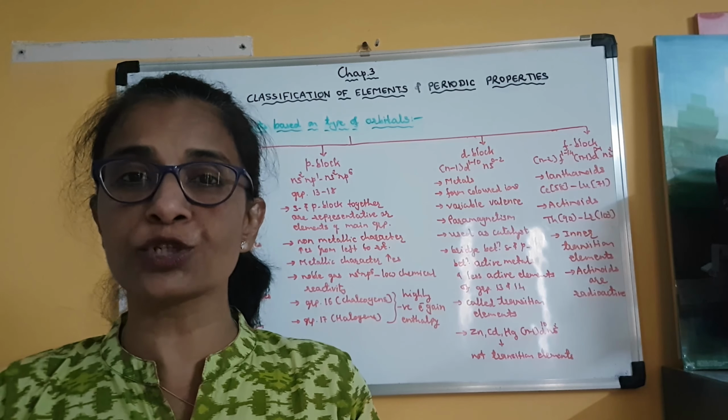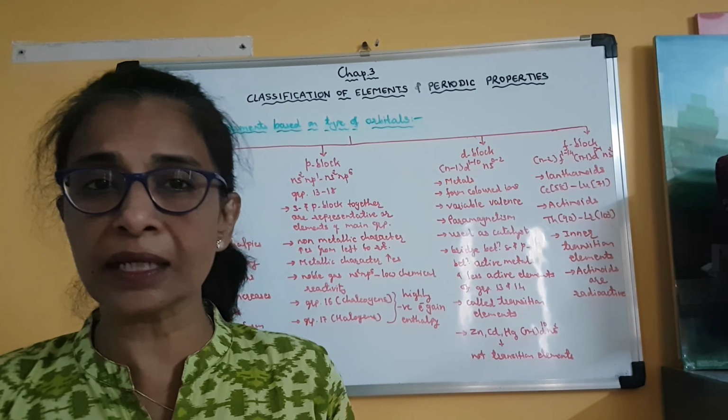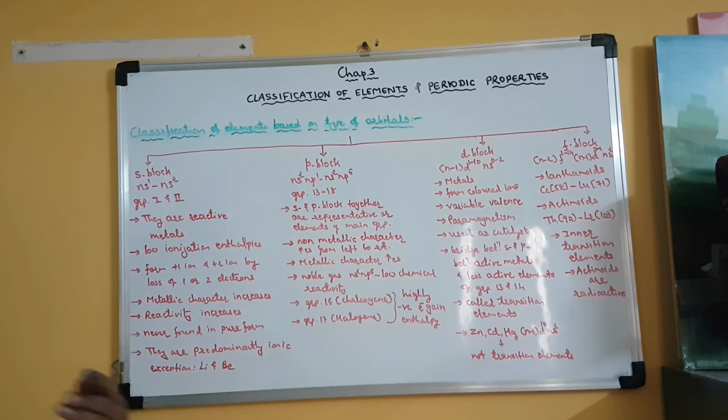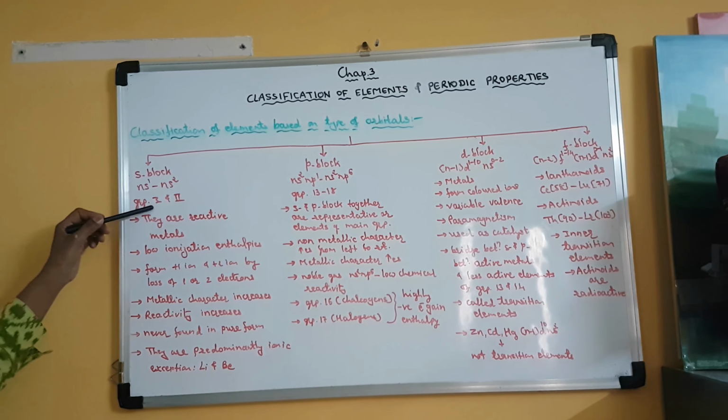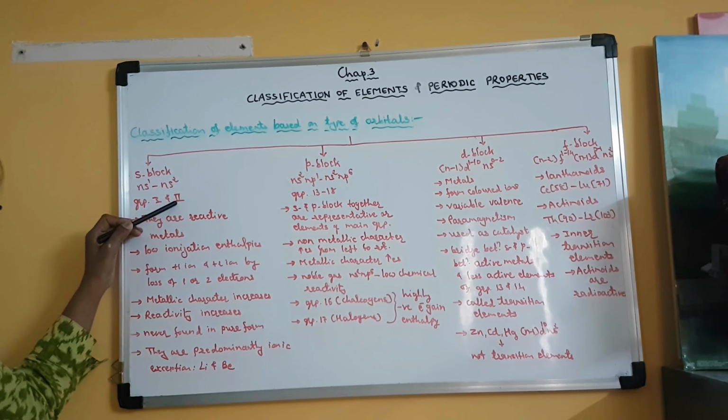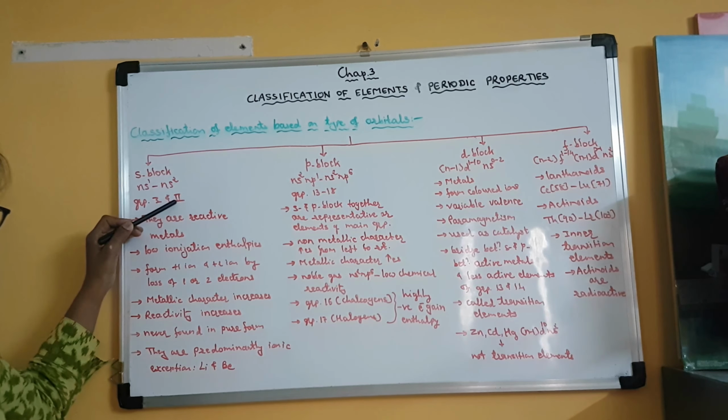Their aqueous solutions are alkaline, they are basic in nature and they are all metals. That is why they are called alkali metals. Group 1 elements are alkali metals, group 2 elements are alkaline earth metals, because again their aqueous solutions are alkaline, but apart from that their source is earth, and that is why they are called alkaline earth metals.